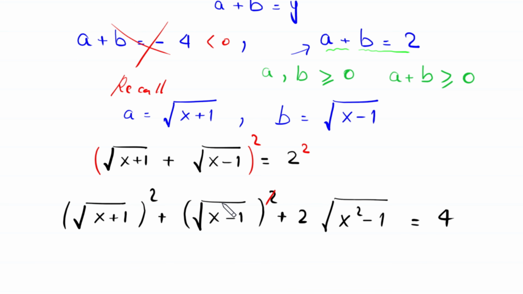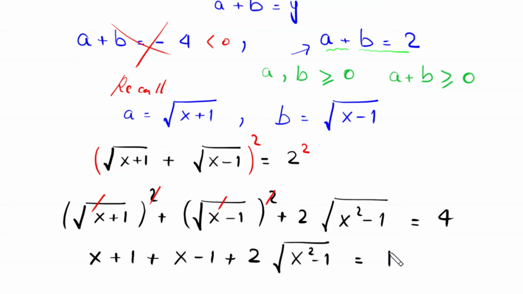This square will be cancelled out with the square root, and we are left with x plus 1 plus x minus 1 plus 2 times the square root of x squared minus 1 equal to 4.